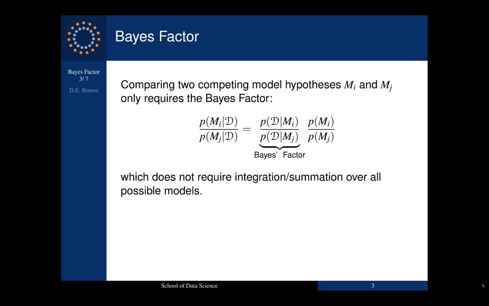So the way Bayes factor works is that we compare two competing models, say Mi and Mj, and we can do that just looking at the ratio of the posteriors. The ratio of the posteriors is just expressed as the ratio of the probability of model i given the data over the probability of model j given the data, which is a discrete case, as it typically is for models.